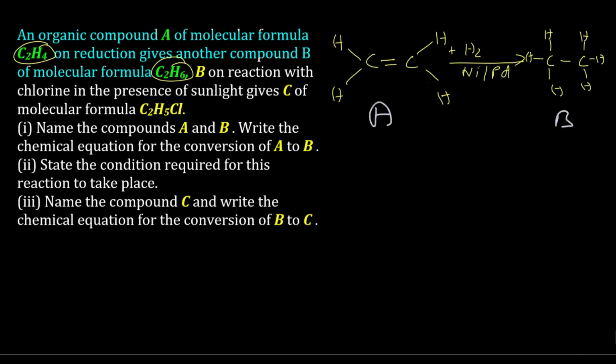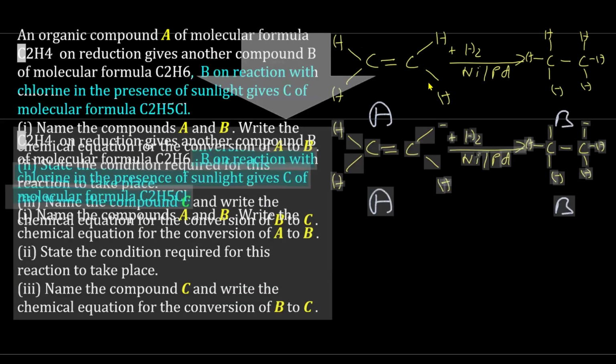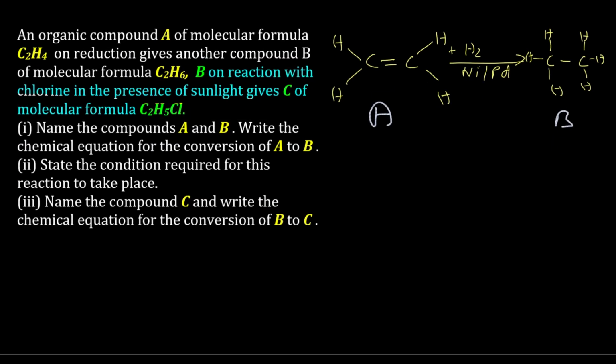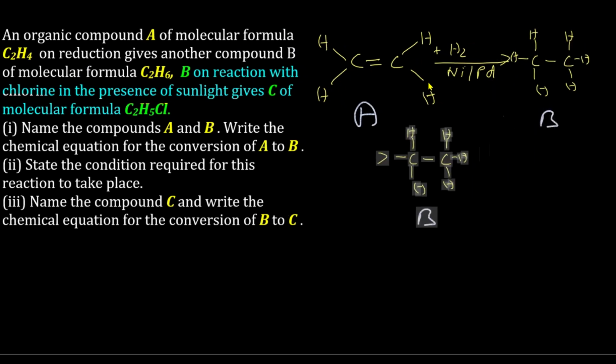Now, if I read further, what it says else: the compound B on reaction with chlorine in the presence of sunlight gives C, whose molecular formula is this. So I'll take this compound B first, this time as a reactant.